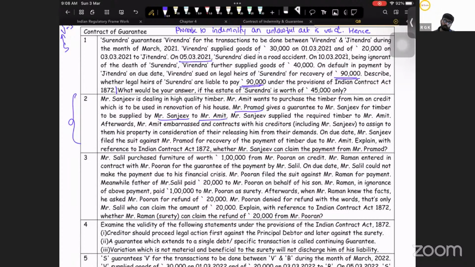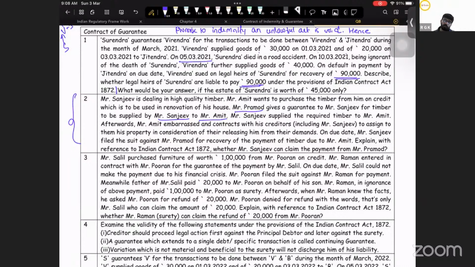Mr. Puran filed a suit against Mr. Raman for payment. Meanwhile, father of Mr. Salil paid 20,000 rupees to Mr. Puran on behalf of his son. Mr. Raman, in ignorance of the above payment, paid 1 lakh to Mr. Puran as a surety. Afterwards, when Mr. Raman knew the facts, he asked Mr. Puran for refund of 20,000 rupees.